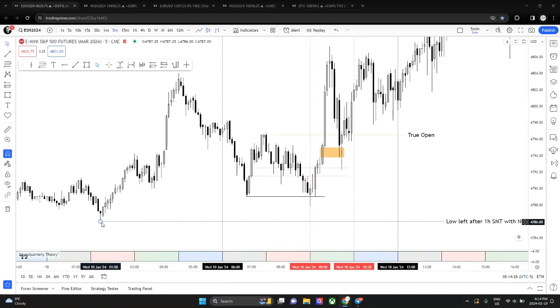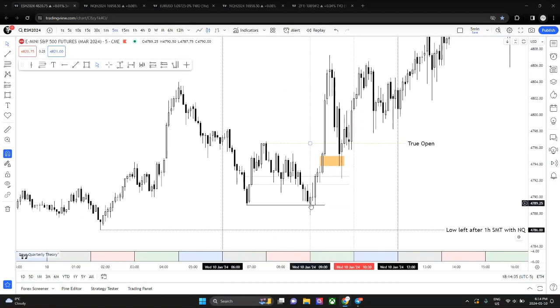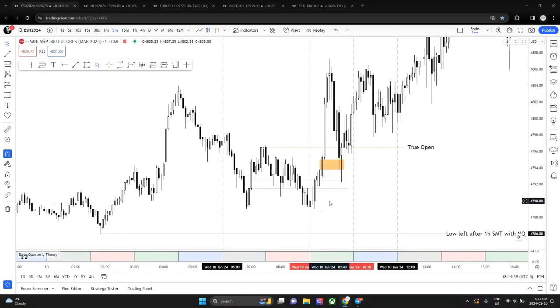Well, NASDAQ did. Whenever you see this happen, then you know ES would be the better trade if you are looking for more points, if you're looking for a bigger move. But if you're looking for a cleaner trade, then NASDAQ will present that to you.